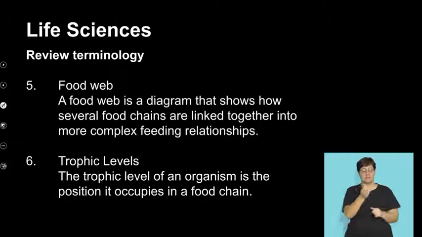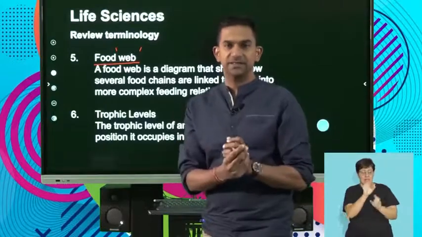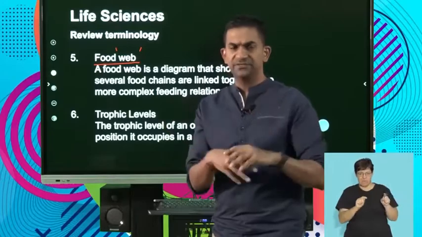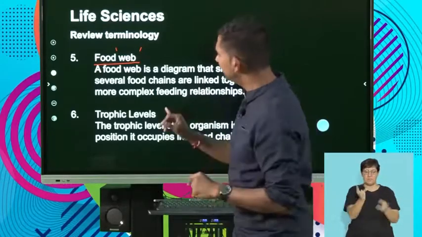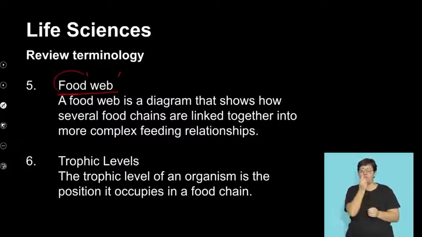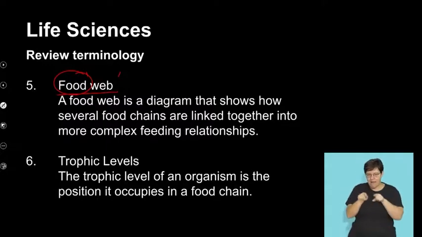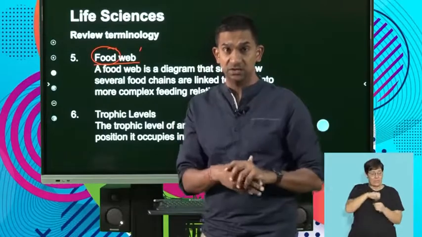The next concept would be food webs, and a web is quite an intricate pattern. So when spiders spin their webs, they are often very networked, with various different branches to them. So when we look at food webs, the concept is to be able to see how there are interconnected factors such as food chains between different species or organisms in an ecosystem.